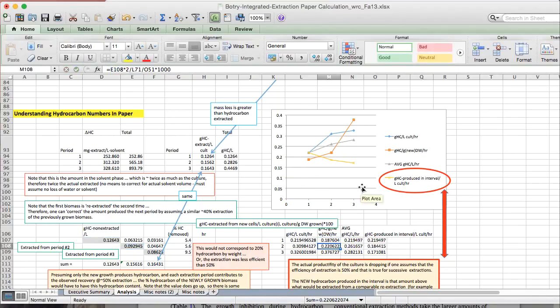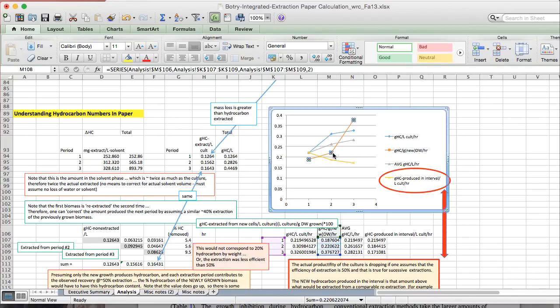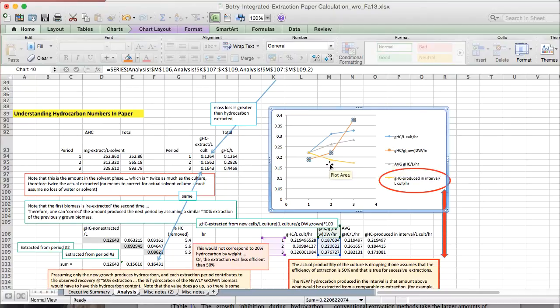In that case, that represents the orange here, and you can see that the amount produced per gram of new tissue, that is, the grams of hydrocarbon produced for the new cells that grew during that time period, was going up.